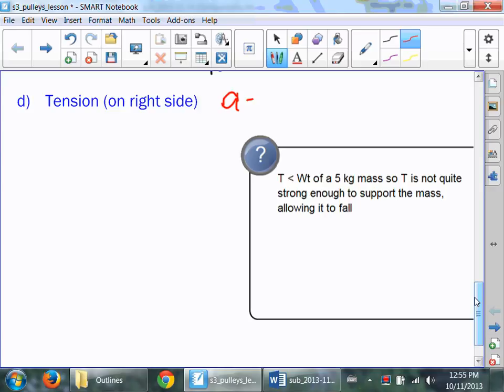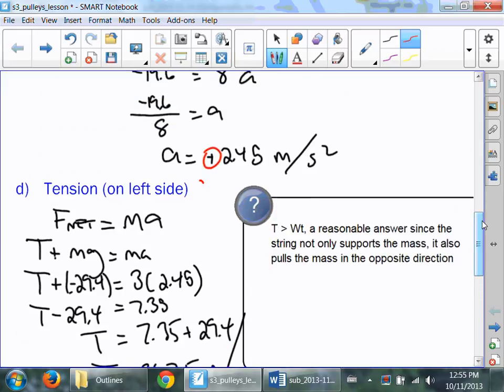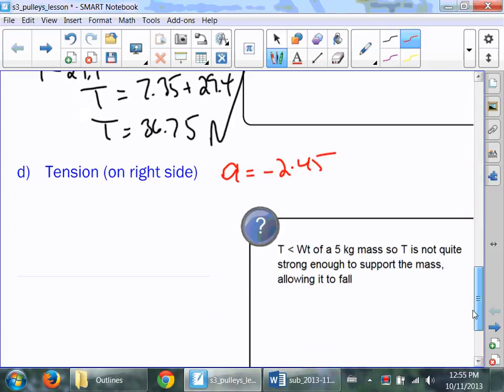The acceleration is going to be negative 2.45. Here on the left, the acceleration was positive because the system was going up on the left side. Here, the acceleration is going to be negative because it's going down.